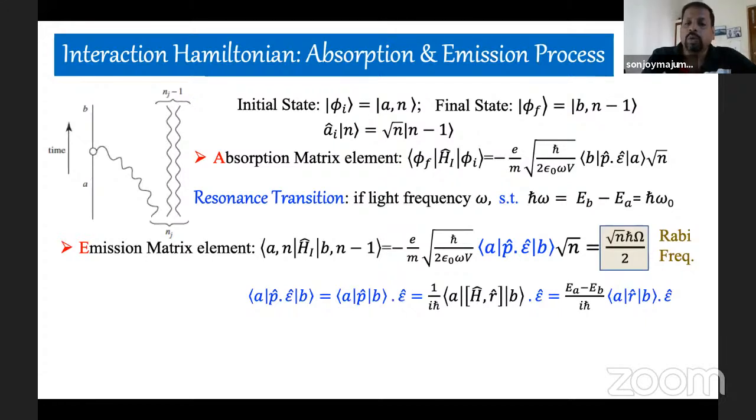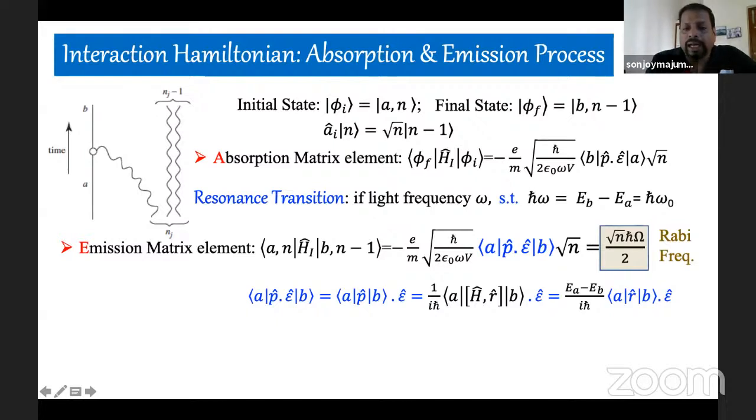Subsequently, the p dot epsilon term we can write in a fashion that separates out the electronic part, that is the matrix element of the p operator between the A and B states of the atom, dotted with the polarization term.